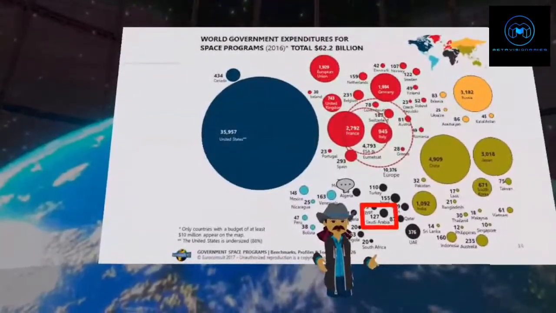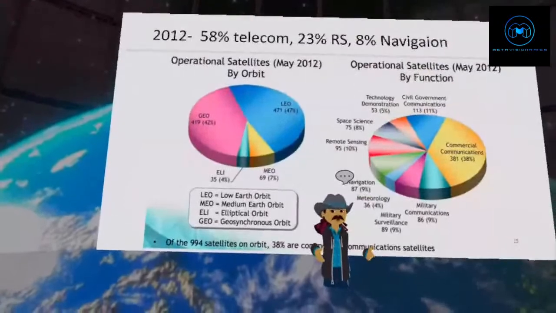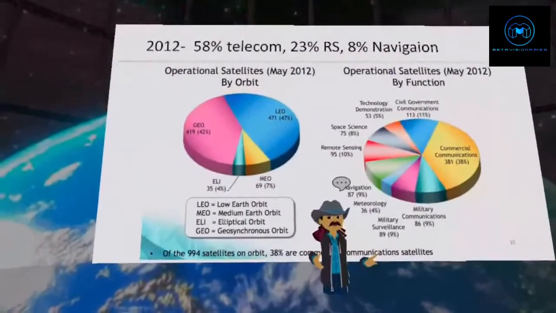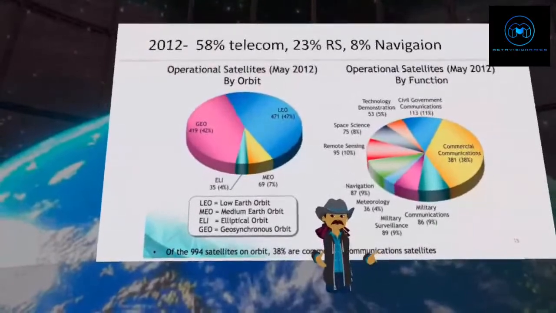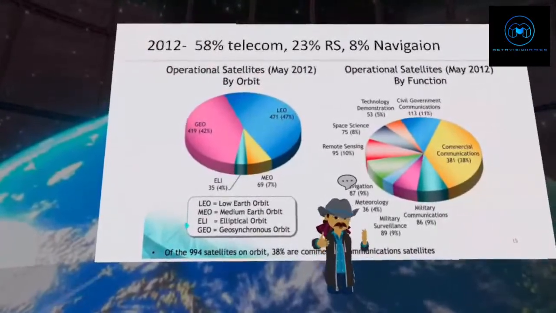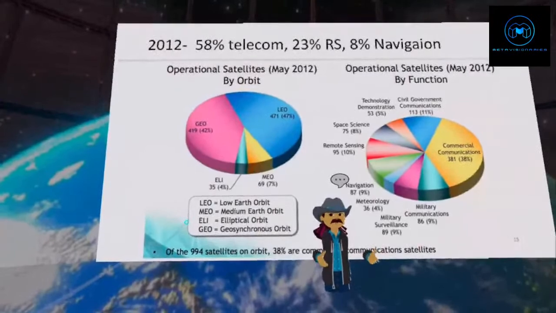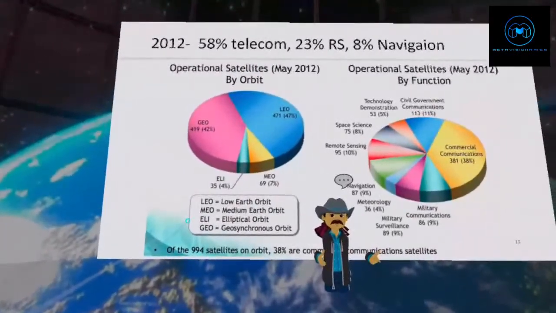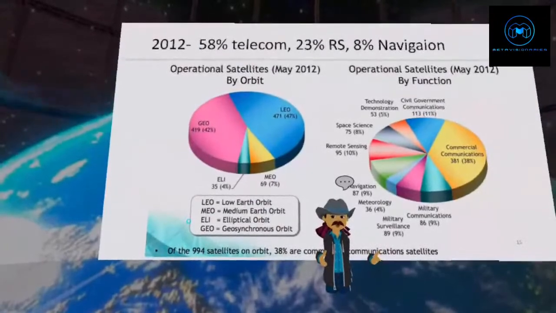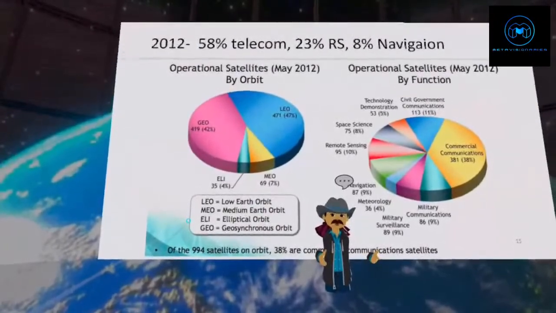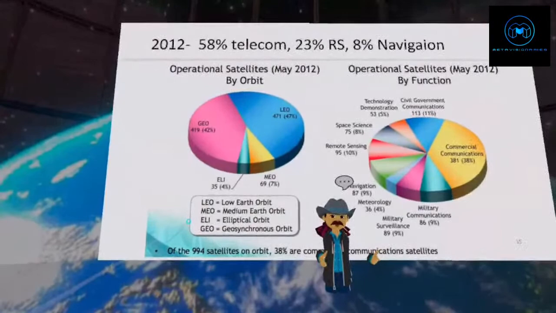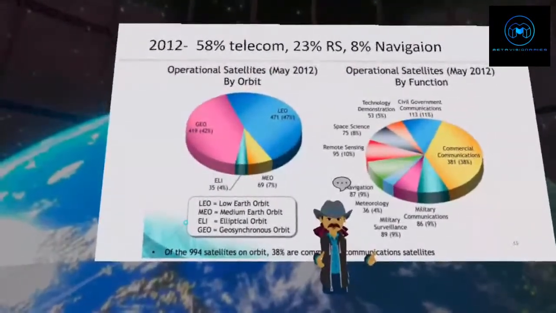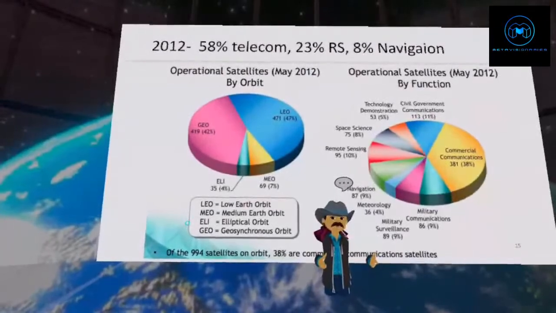Commercial industries are actually also spending a great deal of money. In 2012, so this is about 10 years ago, and the world has changed a great deal in those 10 years. But about 10 years ago, here's the breakdown of the kinds of satellites on the right. And you can see that about 60% of satellites at that time were either commercial, civil, or military telecommunications satellites.